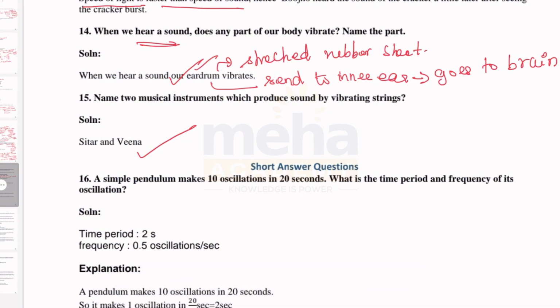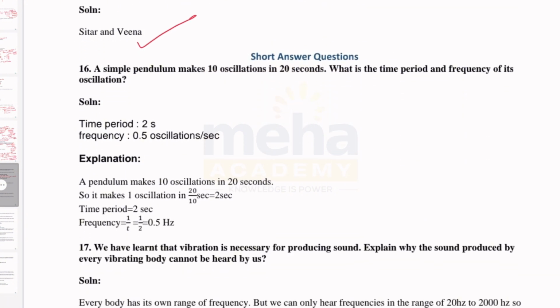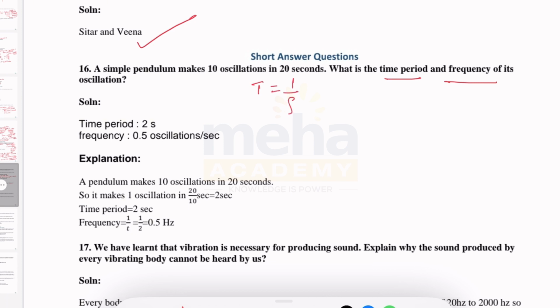Next. A simple pendulum makes 10 oscillations in 20 seconds. What is the time period and frequency of its oscillation? We know frequency is the number of oscillations per second, and time period is equal to 1 by f. But here they have given it for 20 seconds.